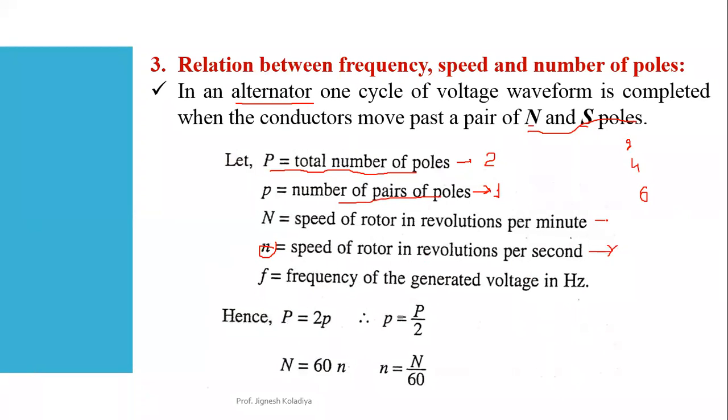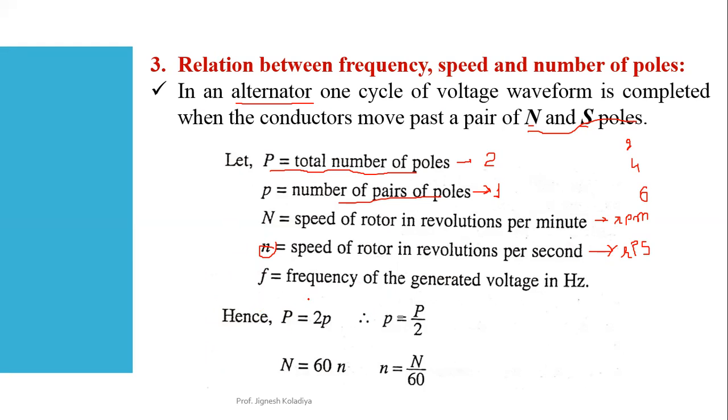So this is in rpm, and small n is the speed in rps, rotations per second, and f is the frequency.